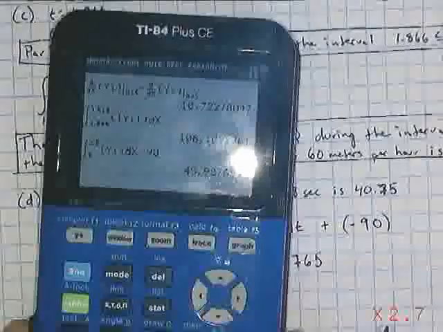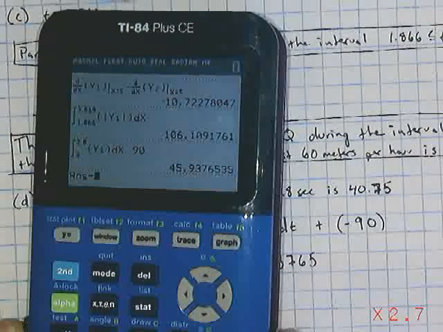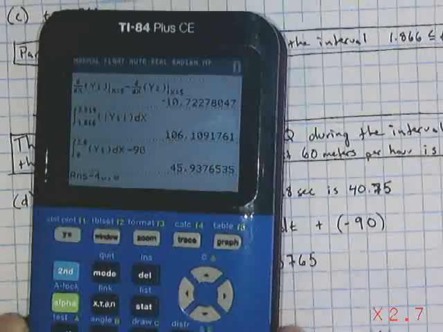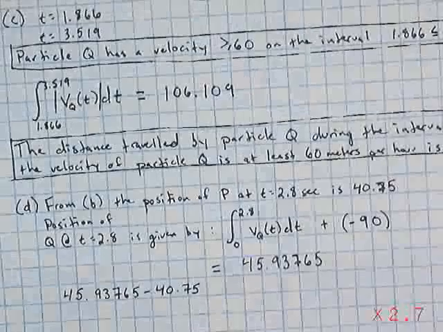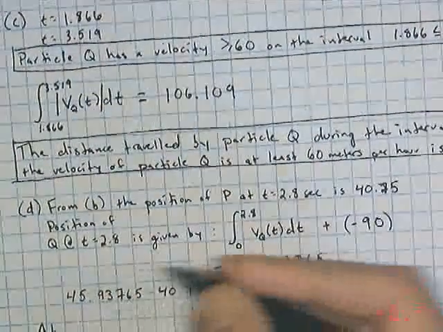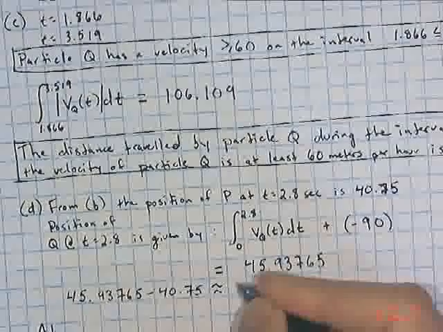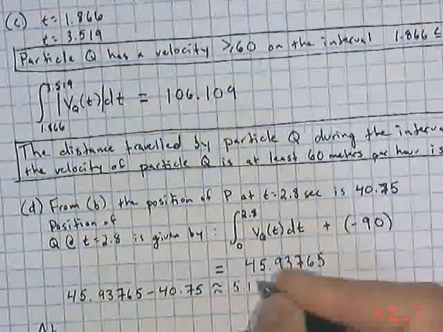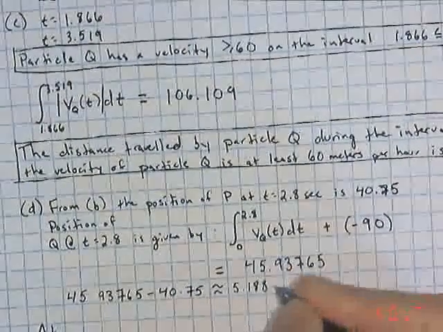Or if you don't want to worry about rounding, just subtract directly from here. And our conclusion will be, call this 5.188 meters.